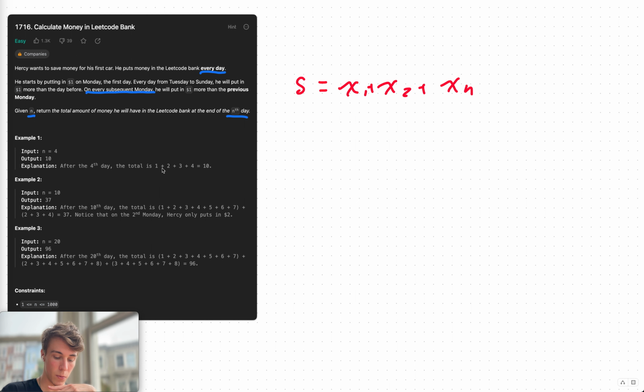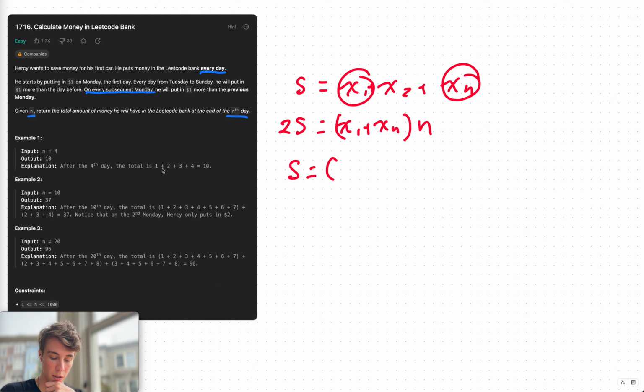And a very common way to write out an arithmetic progression, the formula is this: 2s is equal to x1 plus xn, times n number of times. And so you would get the sequence sum equal to this times n over 2.